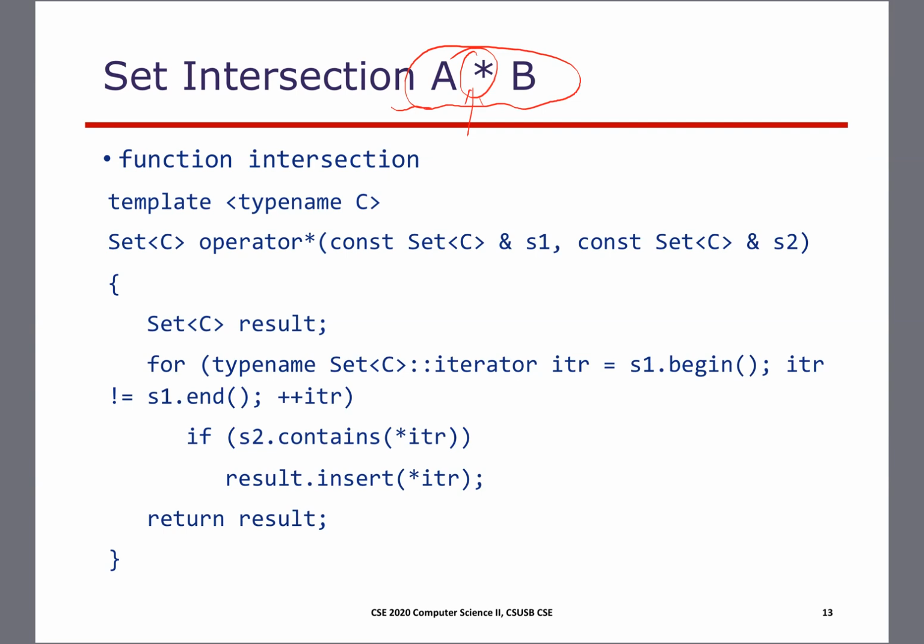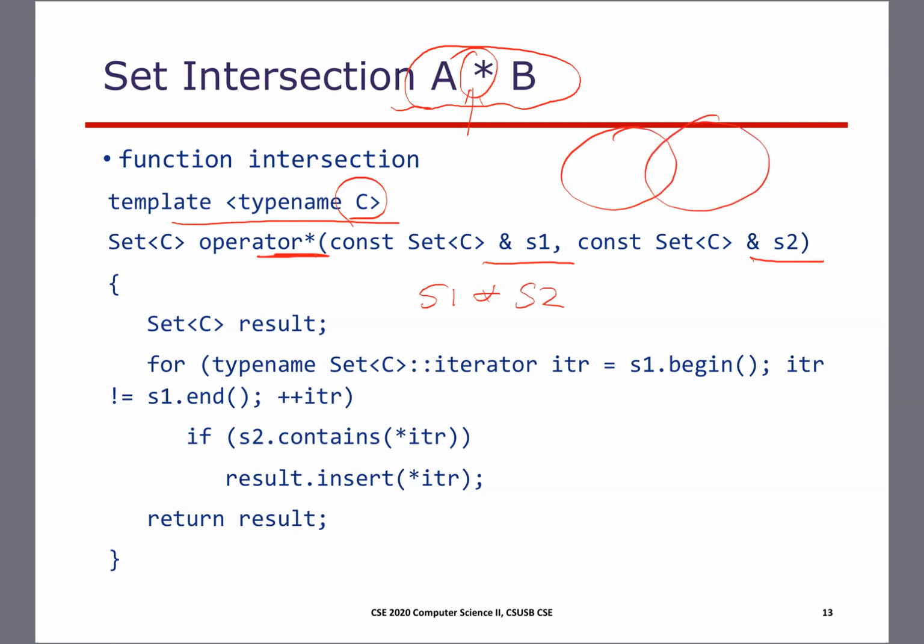This is a function template, typename C. And for this operator, we have two operands, S1 and S2. So this operator is S1 times S2, the intersection of A and B.